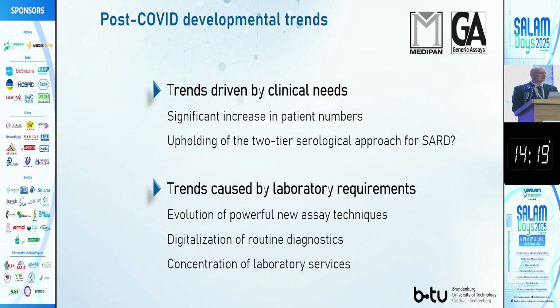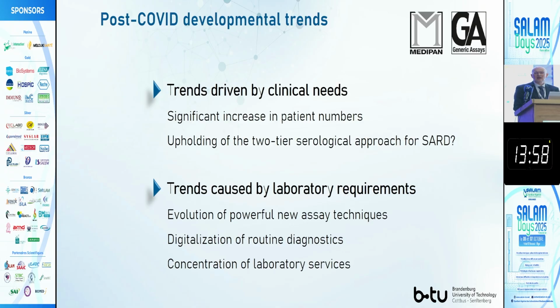So let me summarize my presentation so far and give you some trends that I see as important in today's environment when it comes to autoimmune diagnostics. There we need to consider, of course, trends driven by clinical needs.